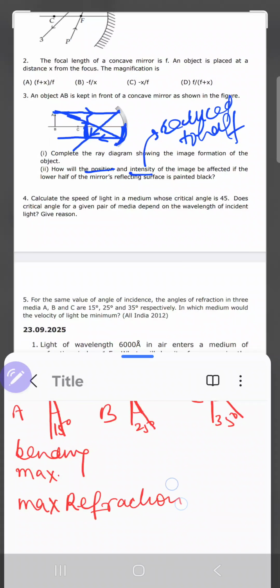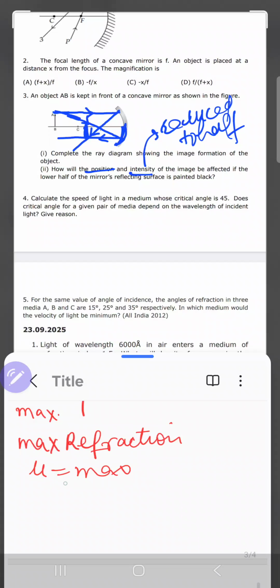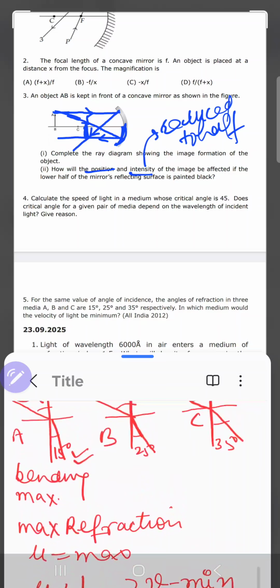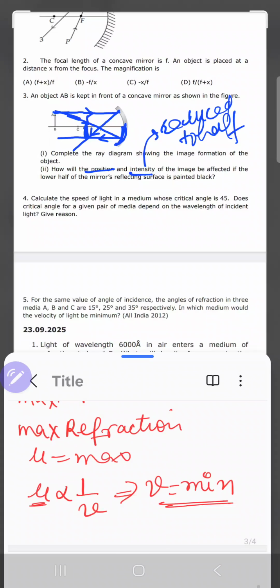Maximum refraction can show only that medium which is having mu maximum. So here you see the refractive index is maximum in this medium number A. Mu maximum, as we know that mu is inversely proportional to velocity of light in that medium. If mu here is maximum, this conclusion will tell that V here is minimum. So using this concept, we can say that velocity of the light is minimum in medium A.